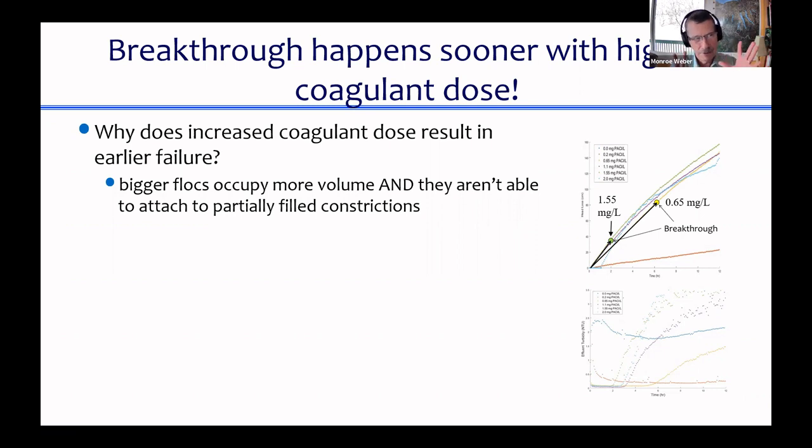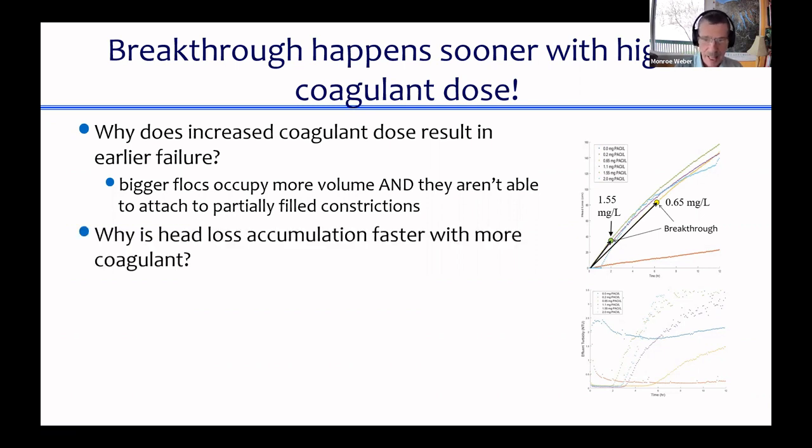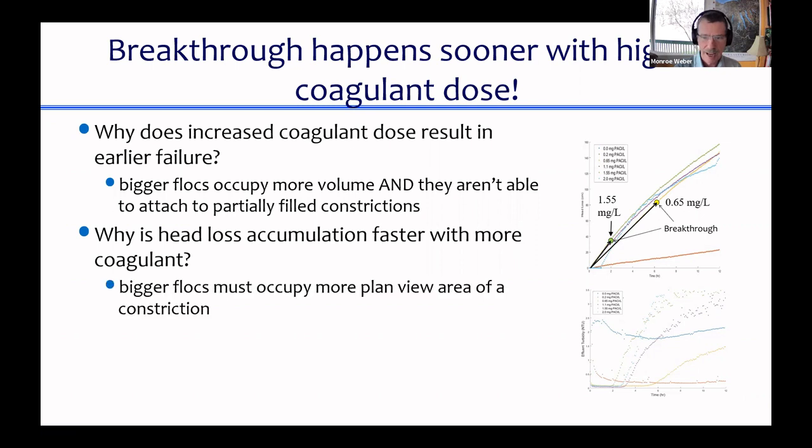Remember, flocks are fractals, so the amount of water that's part of the flock increases as it increases in size, and so these bigger flocks effectively occupy more volume. Why is the head loss accumulation faster when we have more coagulant? I'm actually less sure on that one. This still needs some more model development to figure that one out.